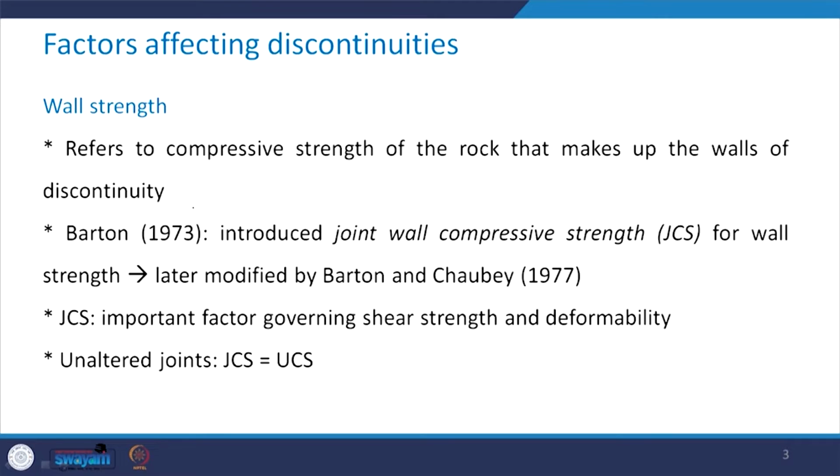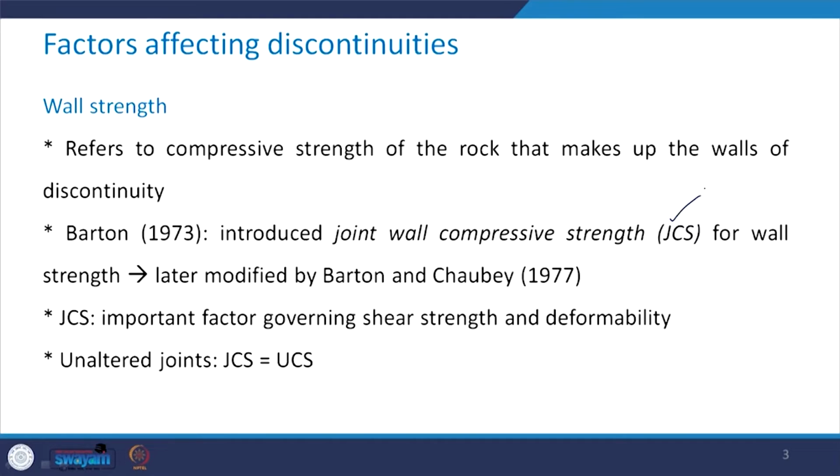Barton in 1973 introduced a term called joint wall compressive strength to define the wall strength, and this term was later modified by him and his co-authors in 1977. This joint wall compressive strength, in short called JCS, is a very important factor which governs the shear strength as well as the deformability of the jointed rock.